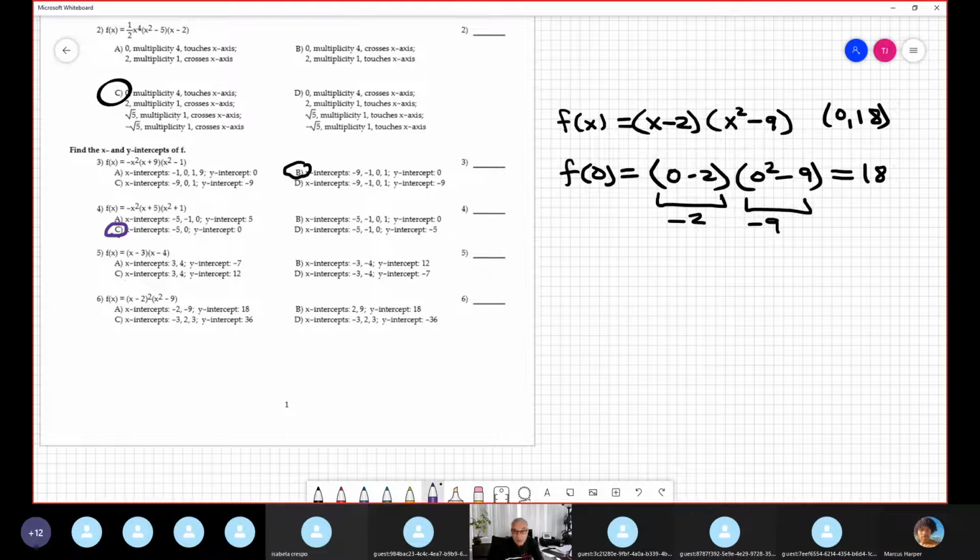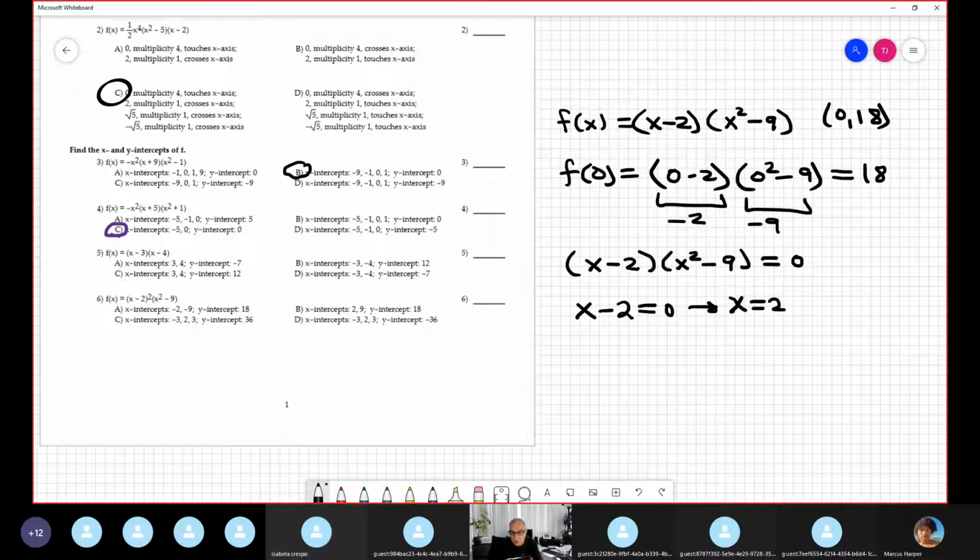Okay, in order to find the x-intercept, you take the expression here, x minus 2 times x squared minus 9, and you force it to be equal to 0. Therefore, x minus 2 is equal to 0, or equivalently x is equal to 2. Of course, multiplicity 1, but I don't care about multiplicity in this problem.